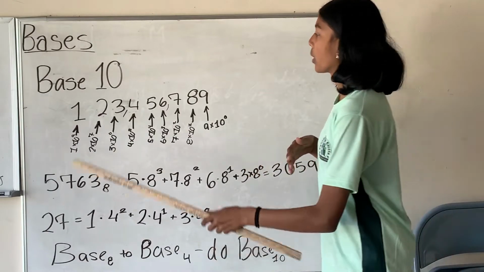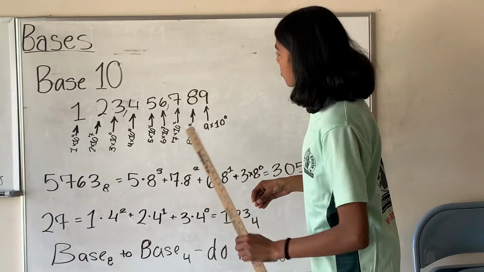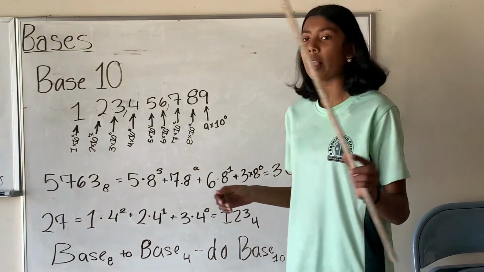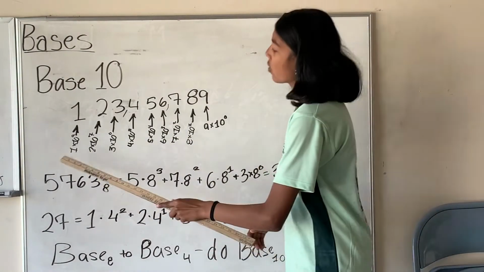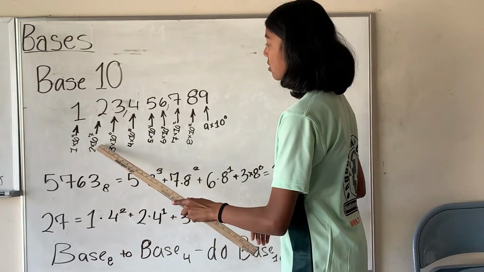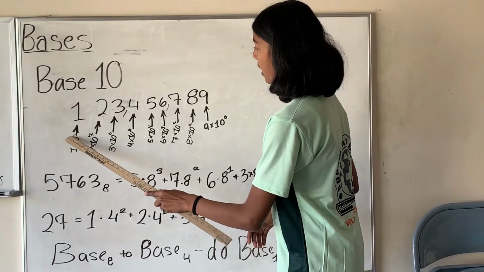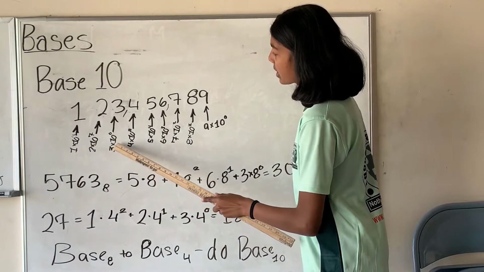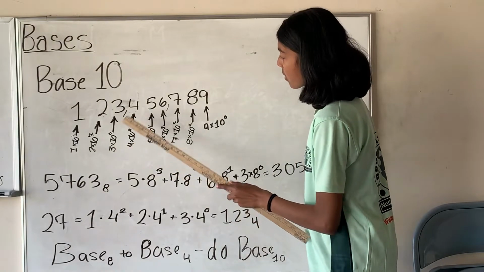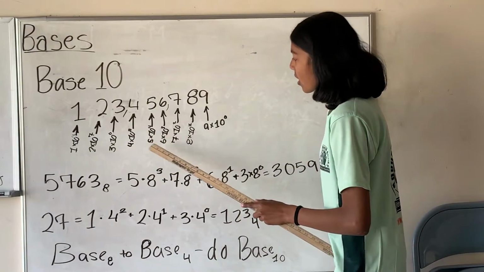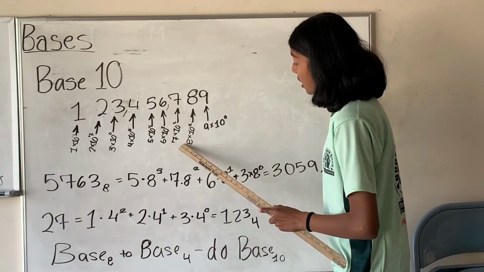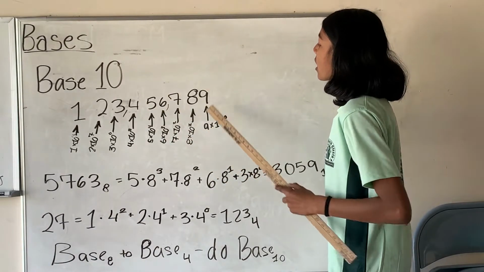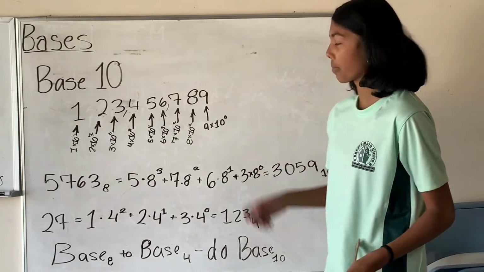Let's say we have the number 123,456,789. We can rewrite this as 1 times 10 to the 8th plus 2 times 10 to the 7th plus 3 times 10 to the 6th plus 4 times 10 to the 5th plus 5 times 10 to the 4th plus 6 times 10 to the 3rd plus 7 times 10 squared plus 8 times 10 plus 9 times 10 to the 0th power.